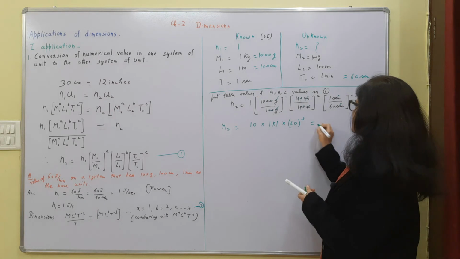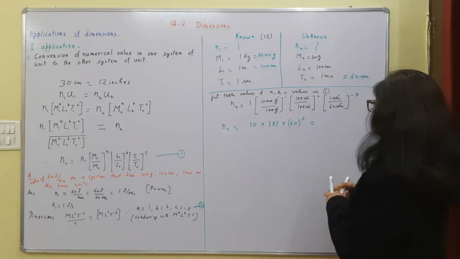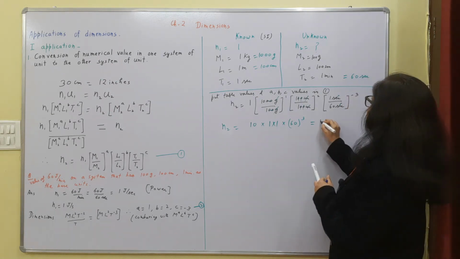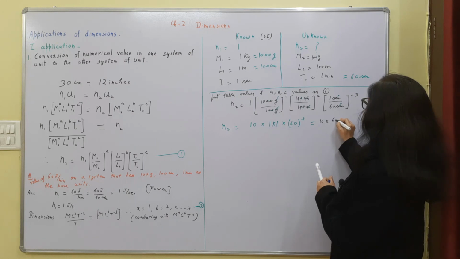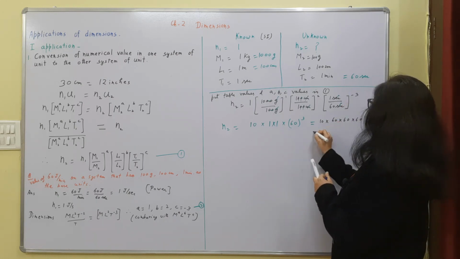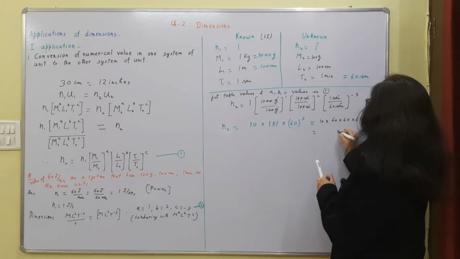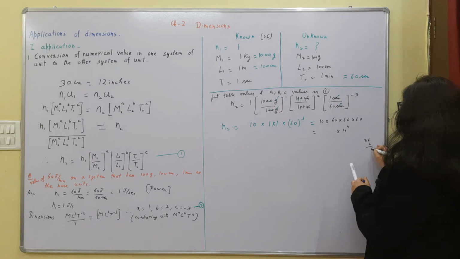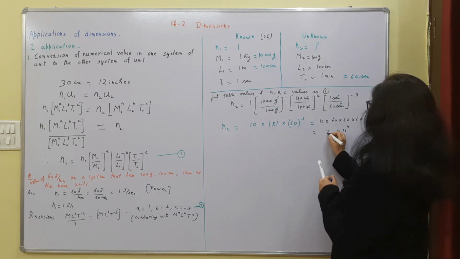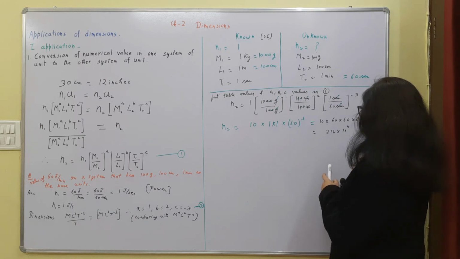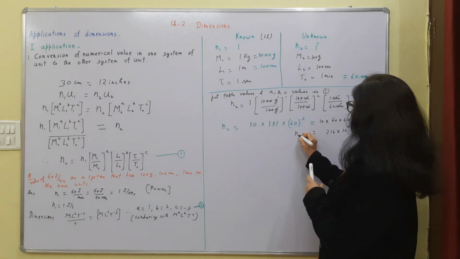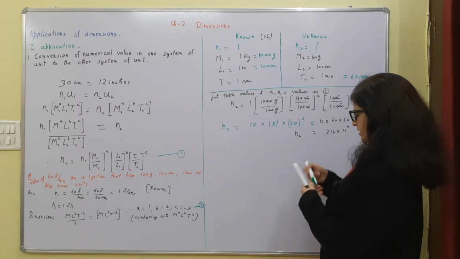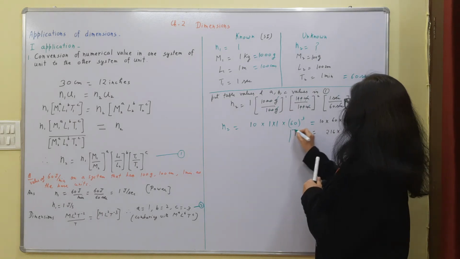So this gives me 10 into 60 into 60 into 60, right? And this gives me 1, 2, 3, 4, 10 to the power 4, and 6 is 36, 6 is 216. So 216 into 10 to the power 4, this is the final answer for this question.